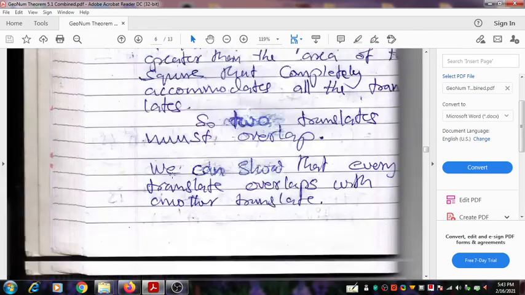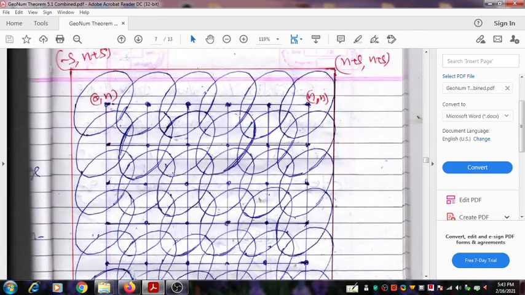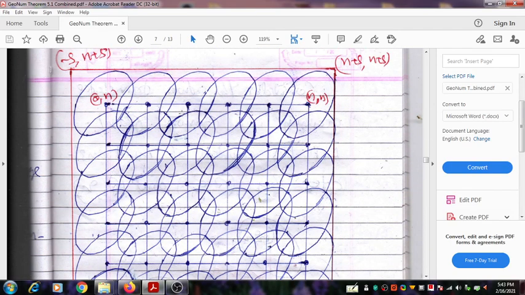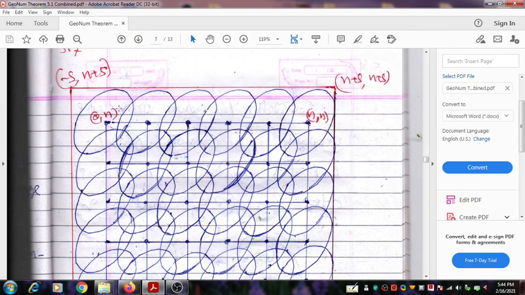Now once again, we want to make that point more clear. We add the areas of the translates, not just adding the translates.